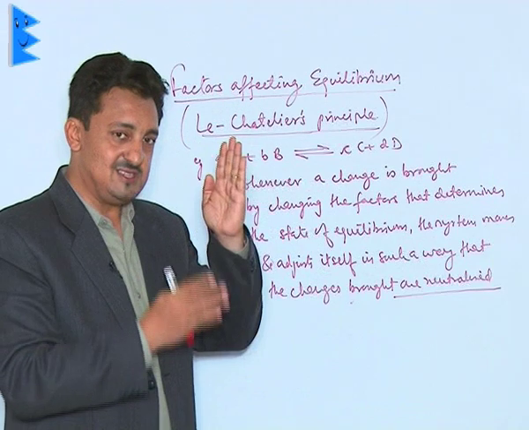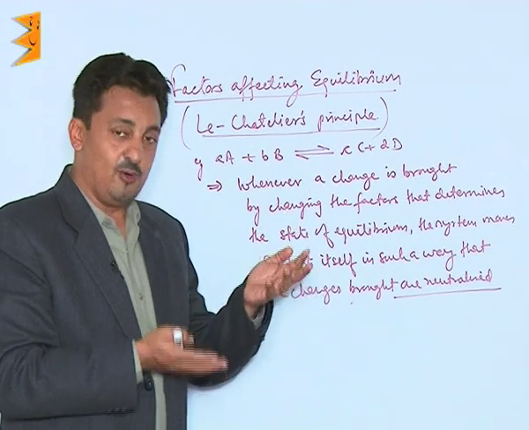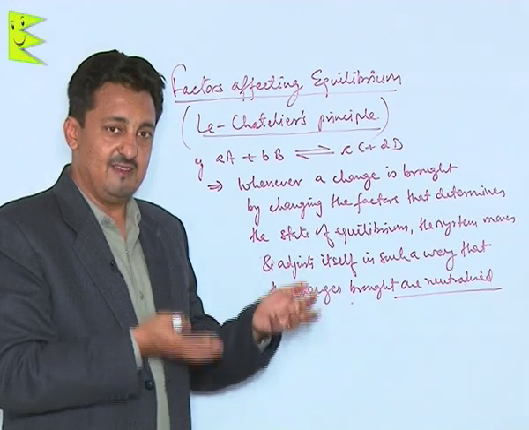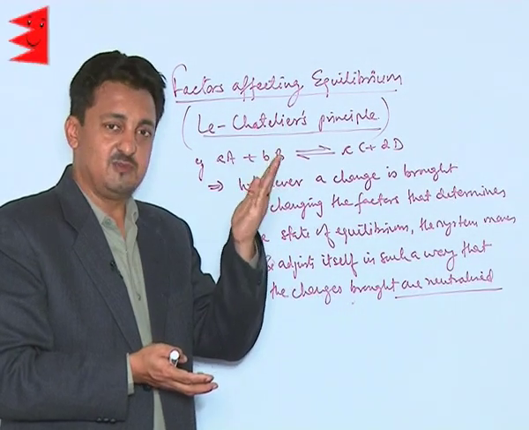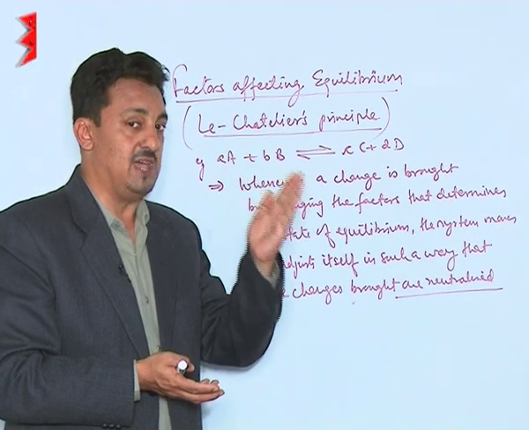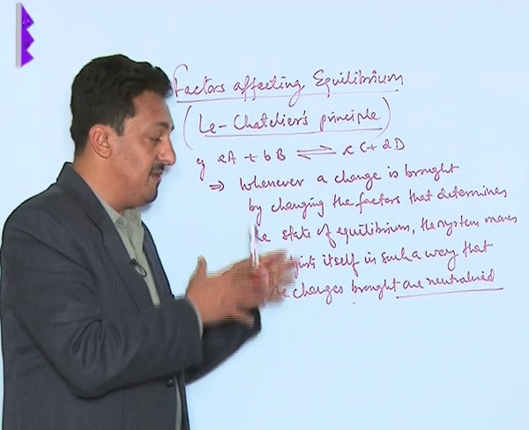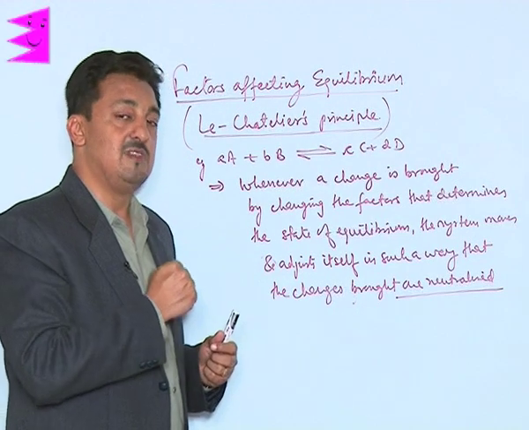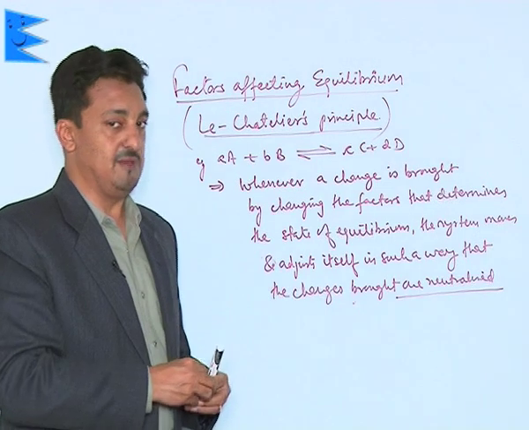If anything is disturbed for that physical balance, both its left hand side and right hand side will start moving up and down, so the pointer also starts moving. Ultimately, it will move towards the side which is more dominating. The same thing is applied here. Whatever the change brought, the system will readjust itself so that it attains the state of equilibrium again.